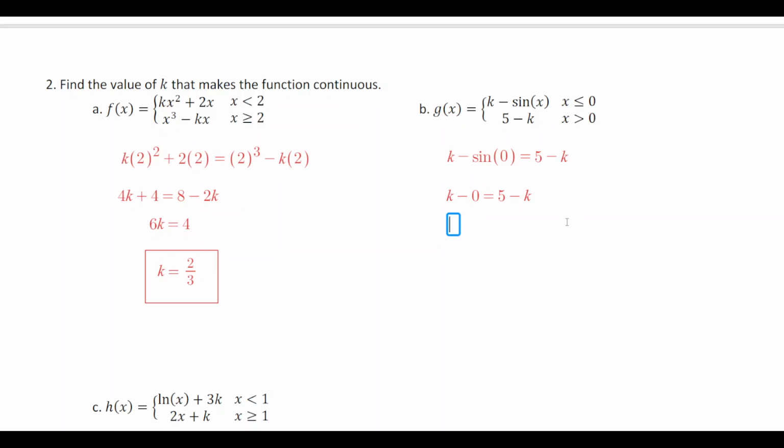I'm going to add k to both sides to get 2k equals 5. And so I do end up with 5 halves. And so if k is 5 halves, then we do have a continuous function. So the trick here is to set the two equations equal to each other, plug in the x value where the break is, and then solve for whatever that constant is.